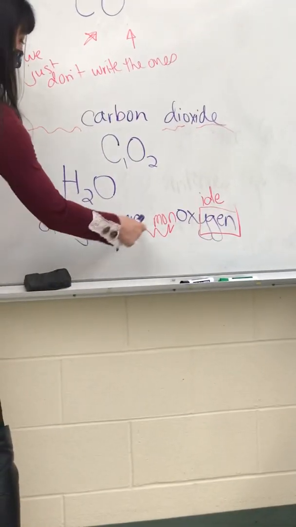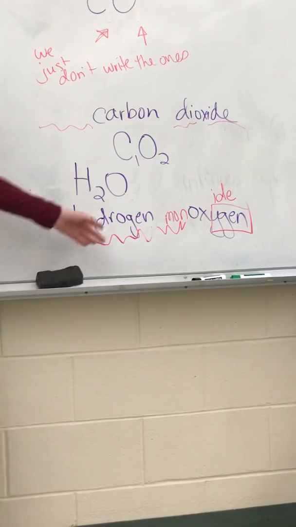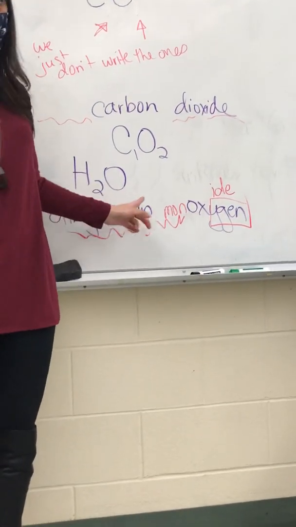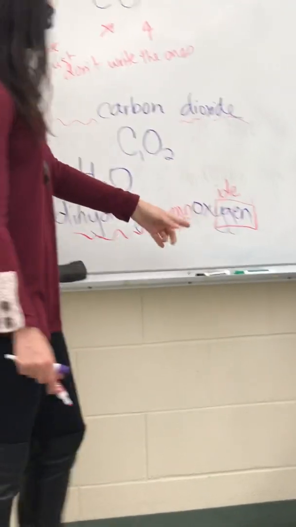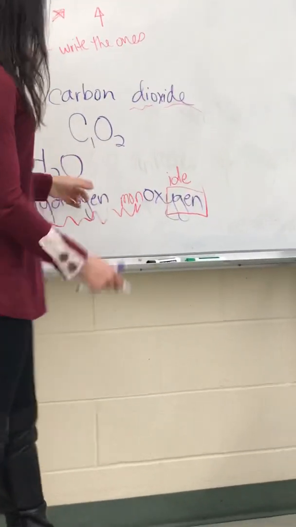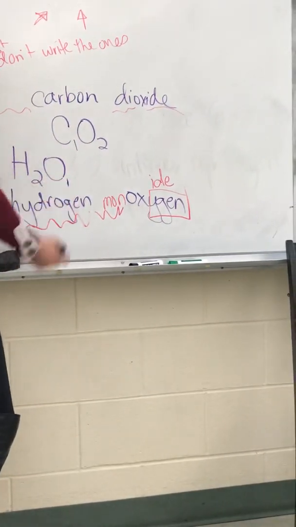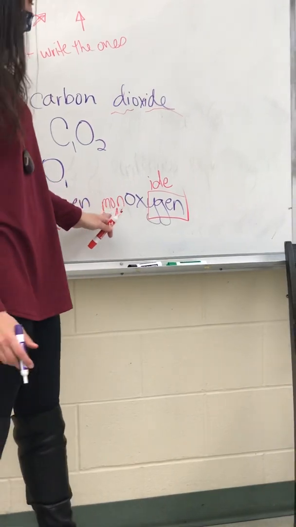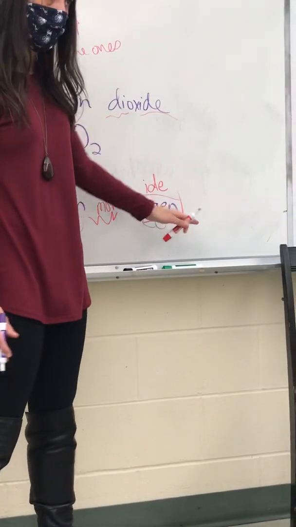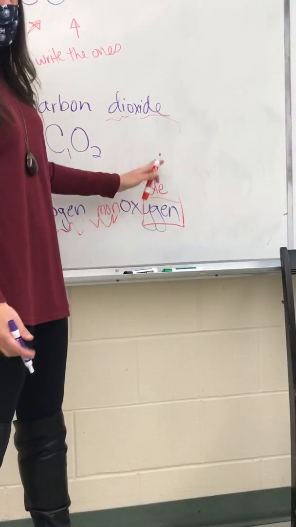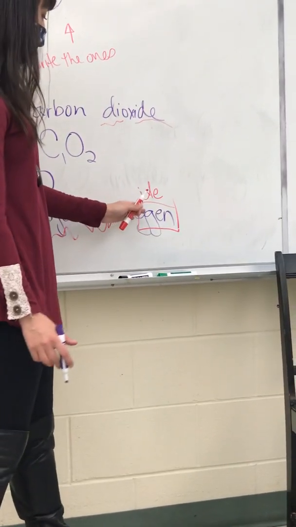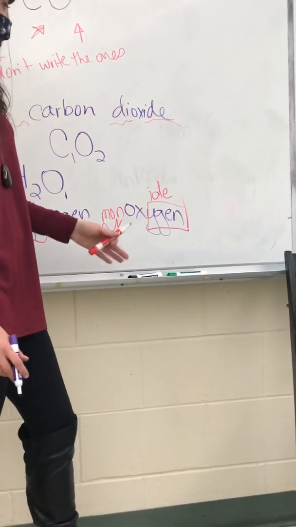You leave the first word alone, keeping it intact, and the second word you chop off the end. We have only one oxygen, because it doesn't say, so we call it monoxygen, but the second word we always have to chop off the end and put IDE instead.